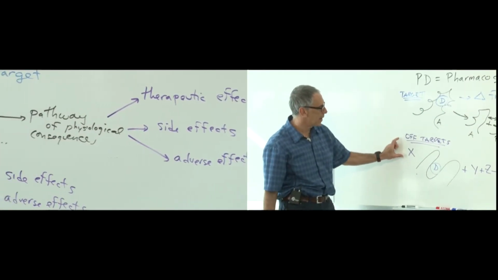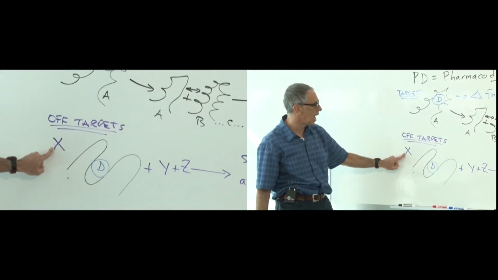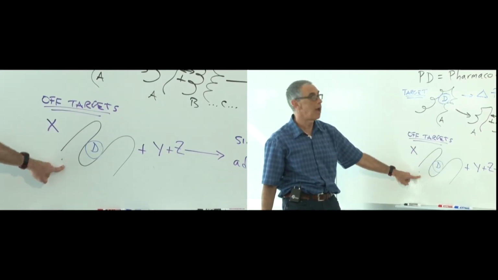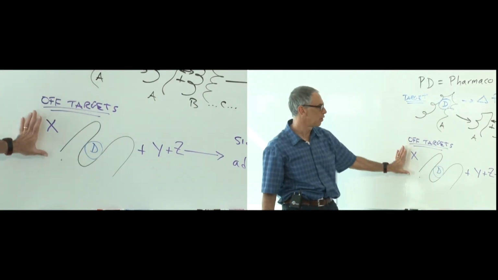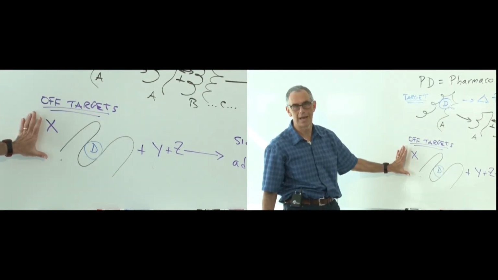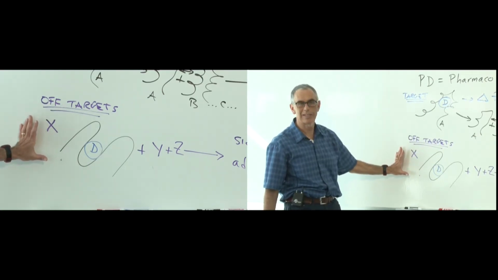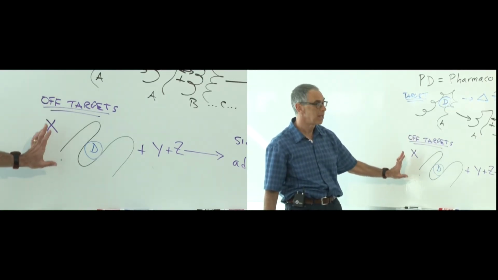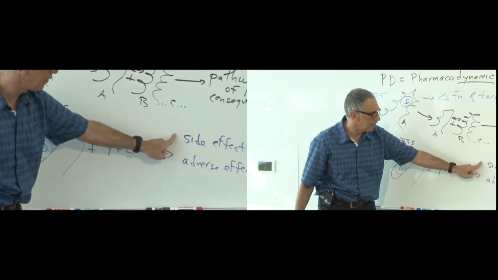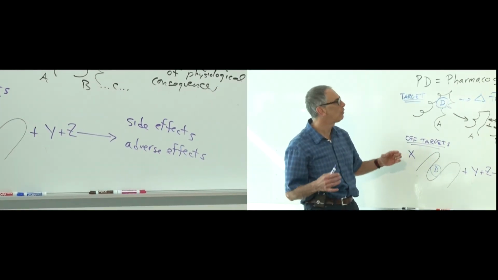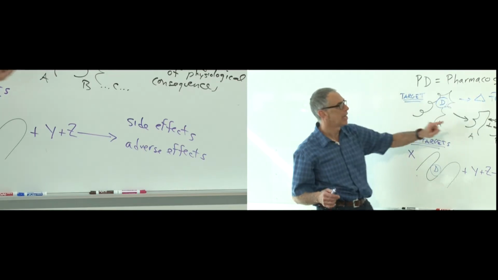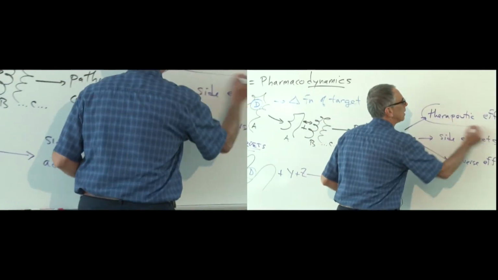The unanticipated binding of the drug with an entirely different protein that's perhaps not part of that on-target pathway is going to be called an off-target pathway. This was not the target that was intended, and it's off-target. Therefore, the side effects and adverse effects, the way that they happen, is unrelated to the way that the drug is helping in the therapeutic setting.